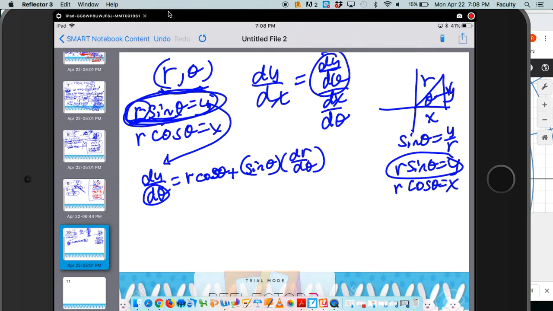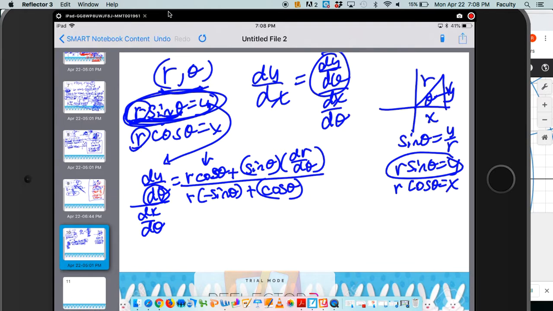This one was in the front. Then I'm going to put that over dx d theta. And so that's going to be first times derivative of the second plus the second times derivative of the first, which is dr d theta, using implicit differentiation with respect to theta.